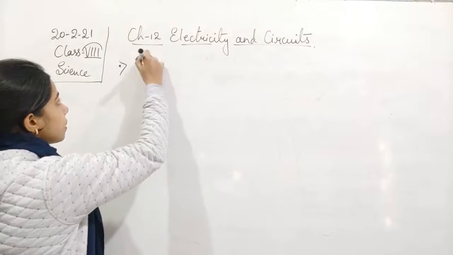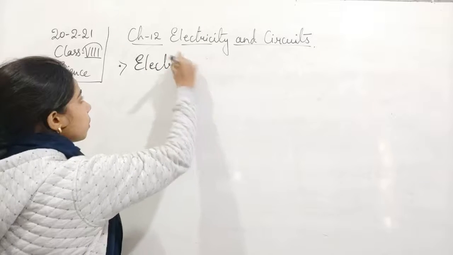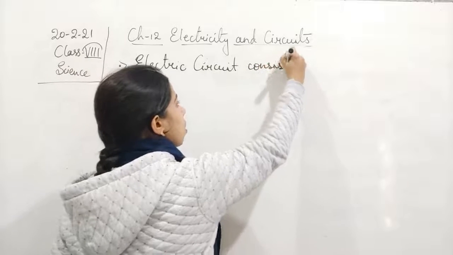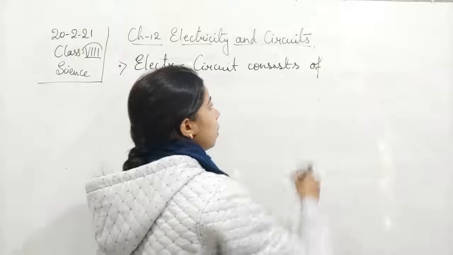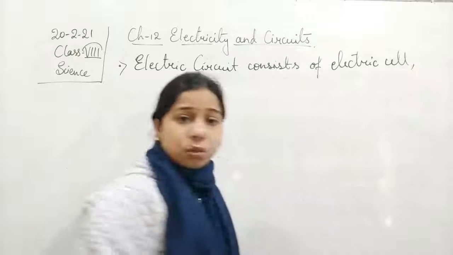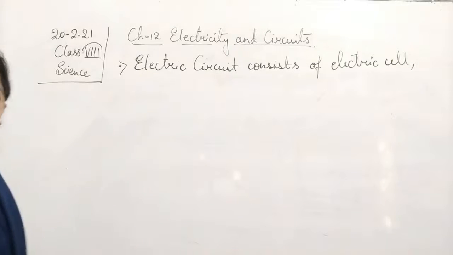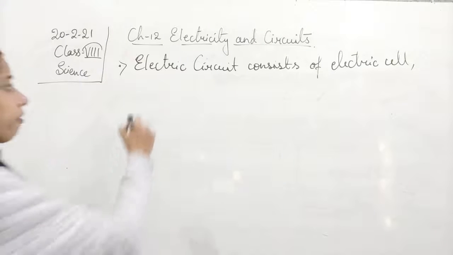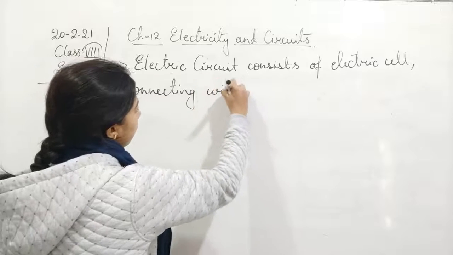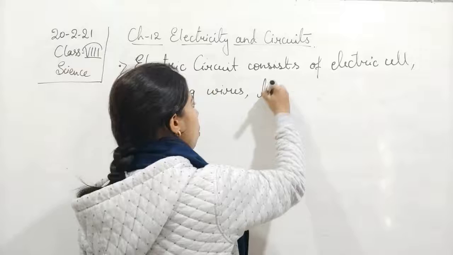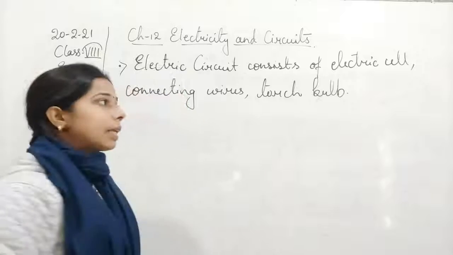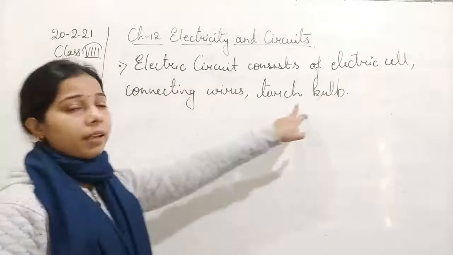Basically, this electric circuit consists of an electric cell, connecting wires, and a torch bulb.